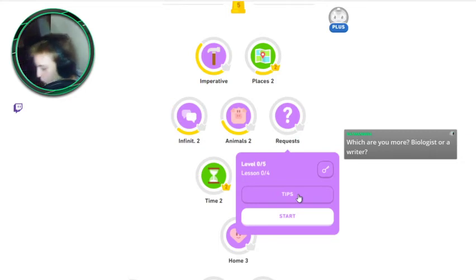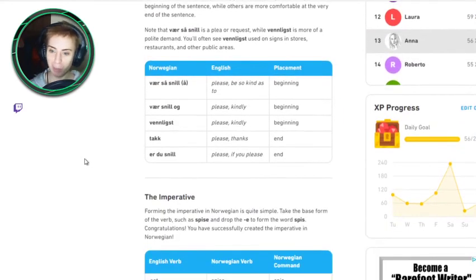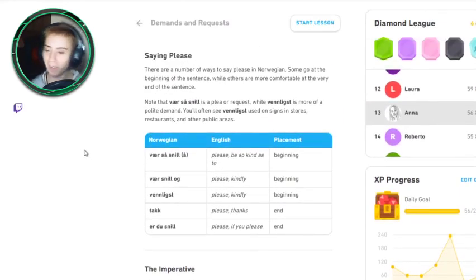Which are you more, biologist or writer? Ooh, that's a good question. I guess I've been writing longer than I've studied biology, but I like to merge them together and write about biology, like, write about animals and nature and stuff.